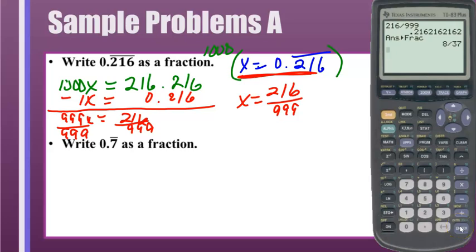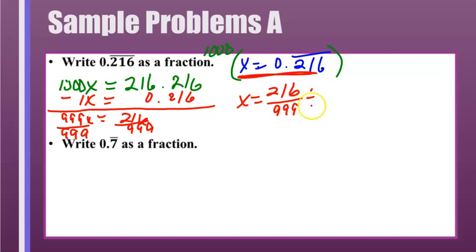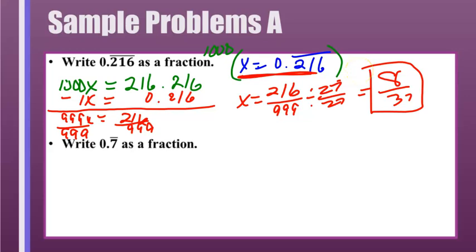So how did I get 8/37? Well, if I take 216 and divide that by 8, that gives me 27. So that means what we ended up doing here is dividing this by 27 over 27. And that gives us an answer of 8/37. So 8/37 is the same as that repeating decimal.